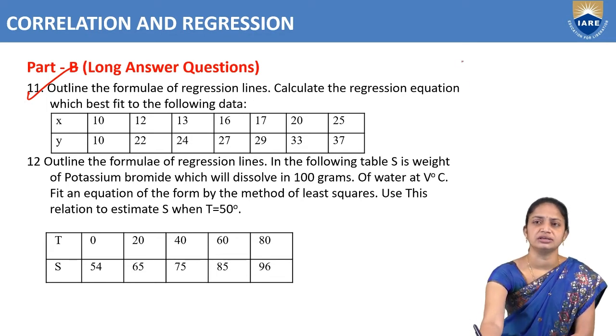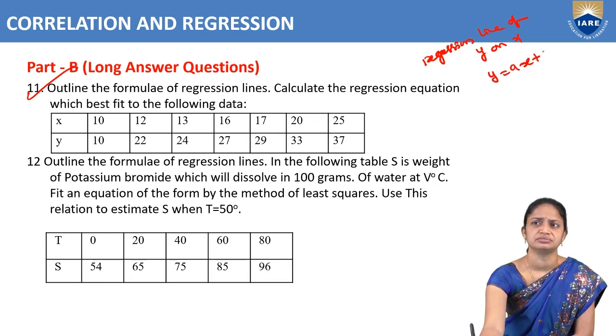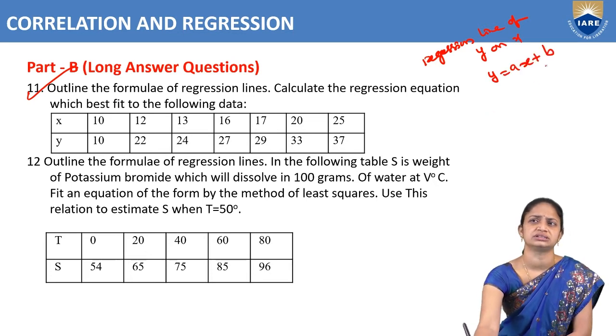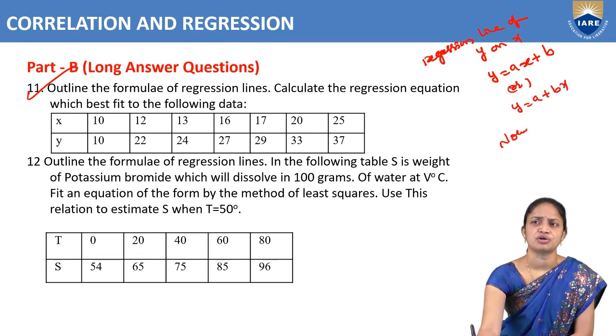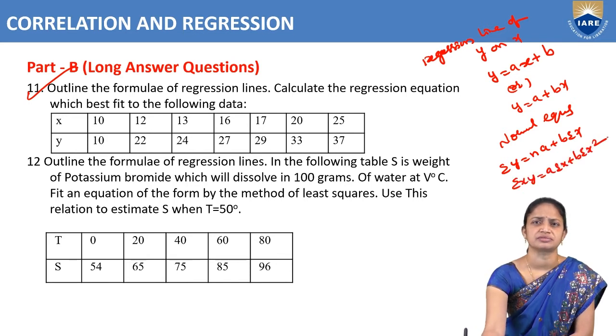Here I am taking the regression line of y on x, that is y equal to ax plus b, or you can take y equal to a plus bx. For this we have to use normal equations. The normal equations are summation y equal to na plus b into summation x, and summation xy equal to a into summation x plus b into summation x square.